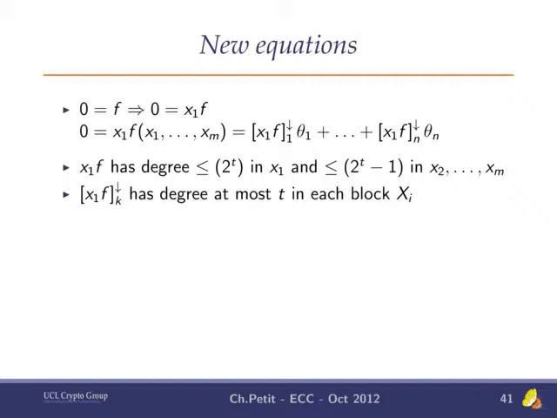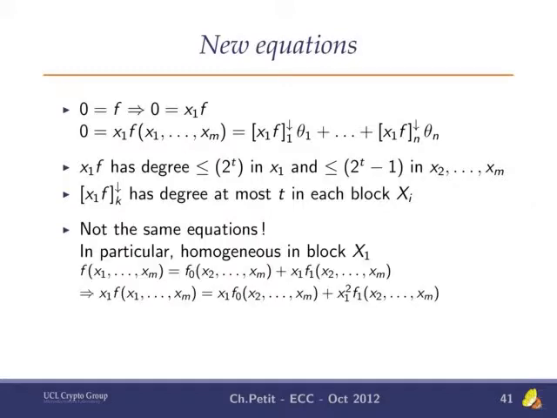So the degree is still bounded, because the Hamming weight here is always smaller than t, the degree is still at most 2^t in every different block. So that's good. Also, the equations that you get are not the same ones this time. It's harder to show that they're not the same ones, but one intuition is that if you decompose f as a polynomial without x1 plus x1 times another polynomial without x1, then x1 times f is equal to this.